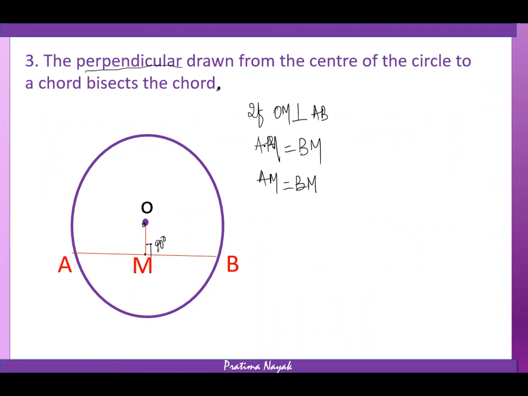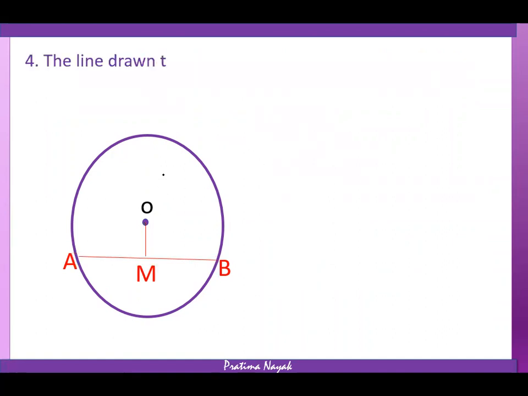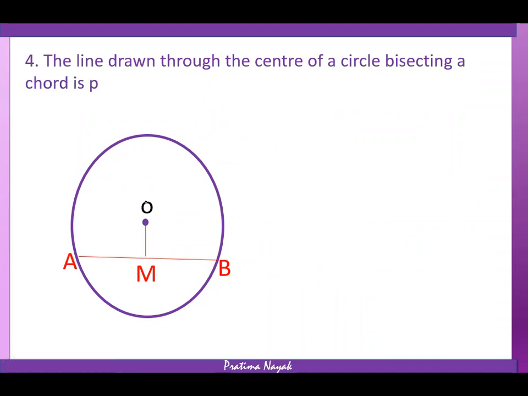So next will be just the opposite of it. What is it? The line drawn through the center of the circle bisecting the chord is perpendicular to the chord.